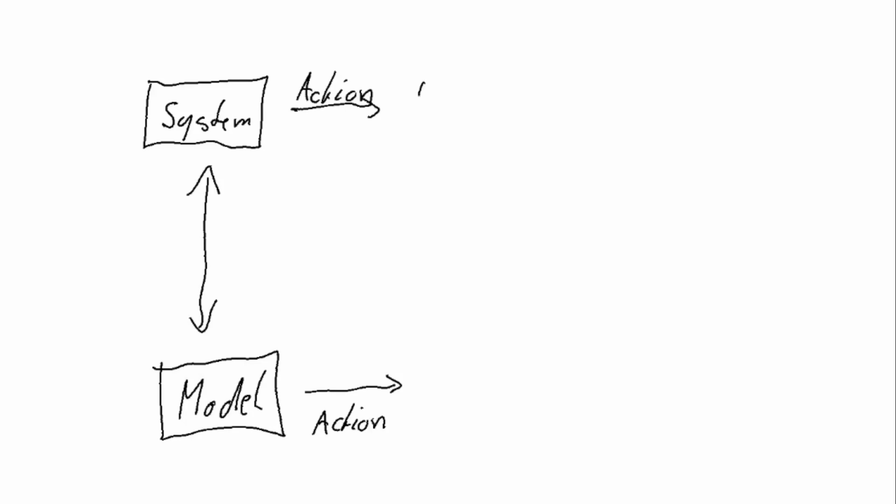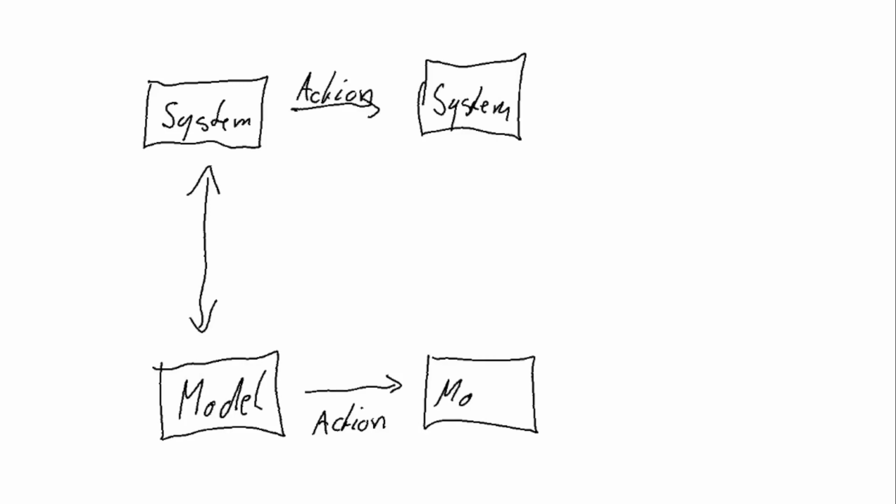And then after that, your real system has progressed into a new state, and your model has also been updated. And then after this step, you can compare the two and check whether they are still in sync. And you continue this for several steps.